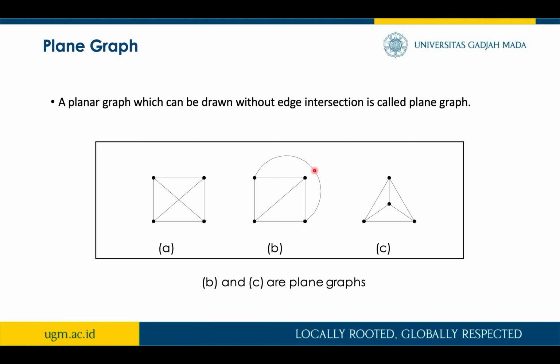But specifically, the planar graph that has been drawn without edge intersection is called a plane graph. This is a plane graph and this is also a plane graph. And actually, both plane graphs represent the same graph, which is K4.